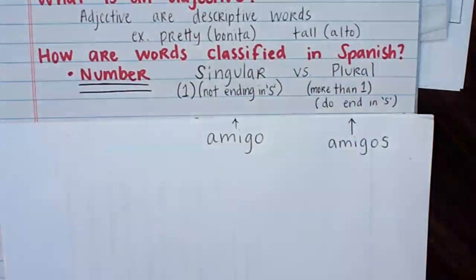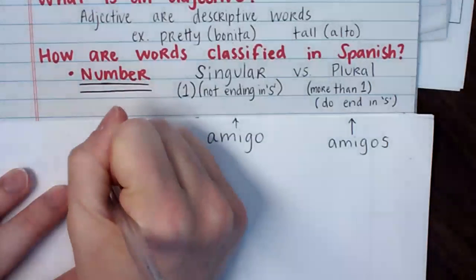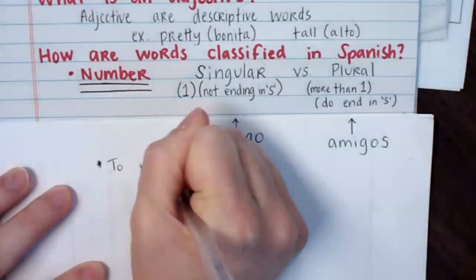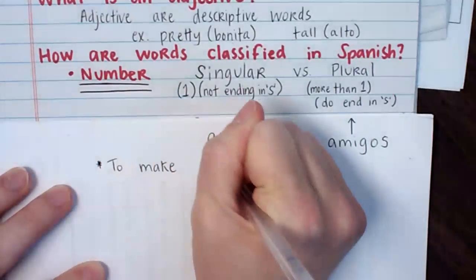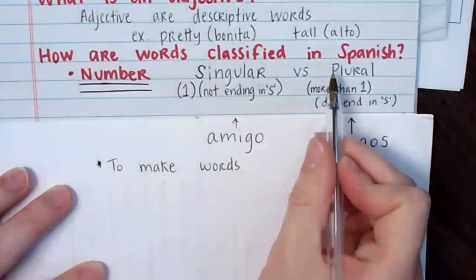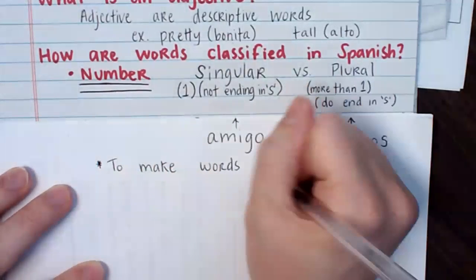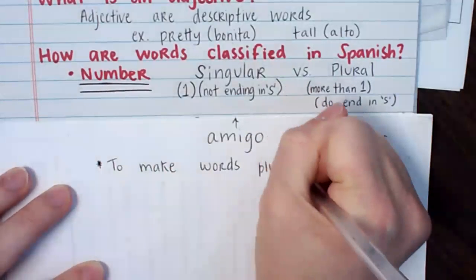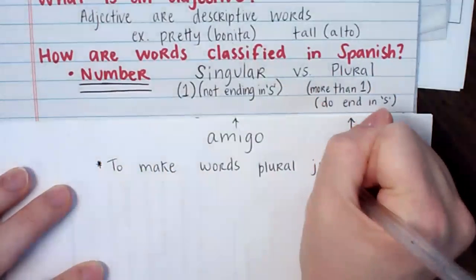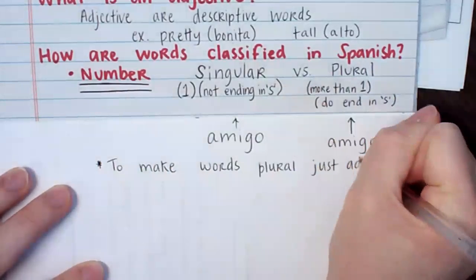And so to make a singular word a plural word in Spanish, you just add an S to the end.